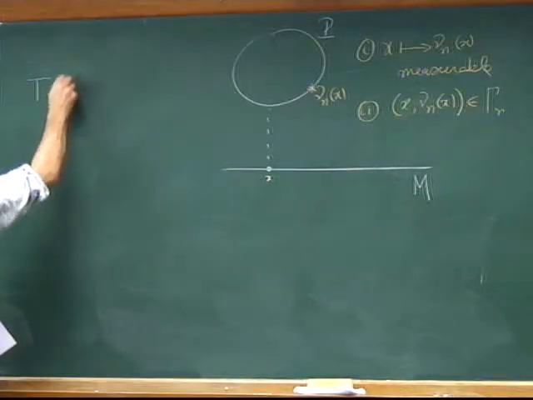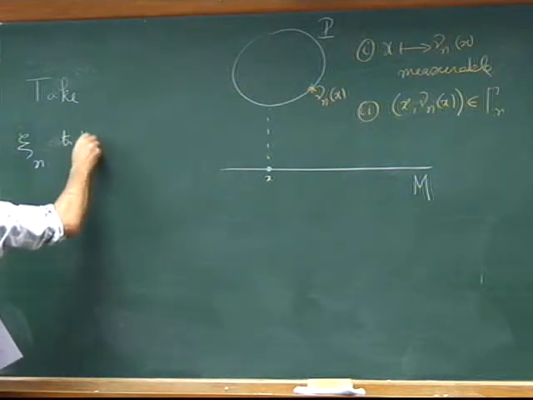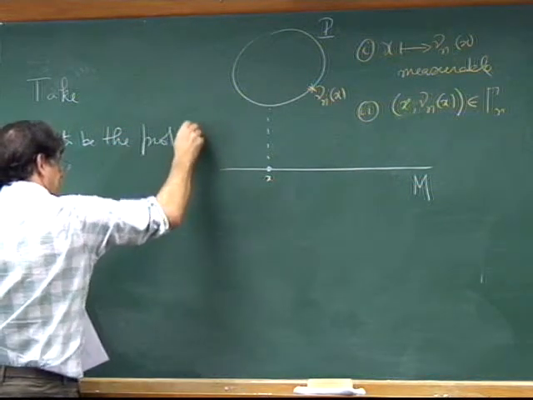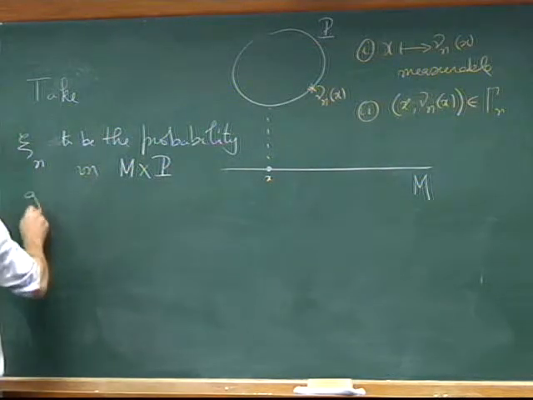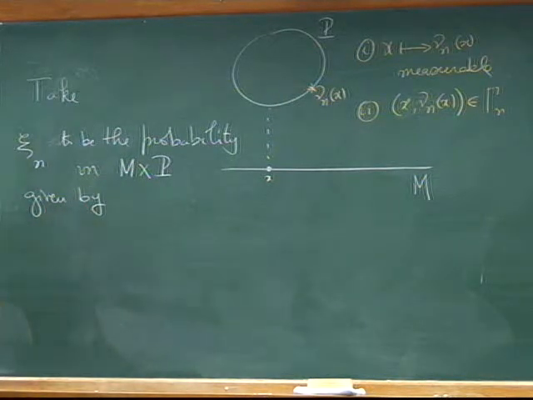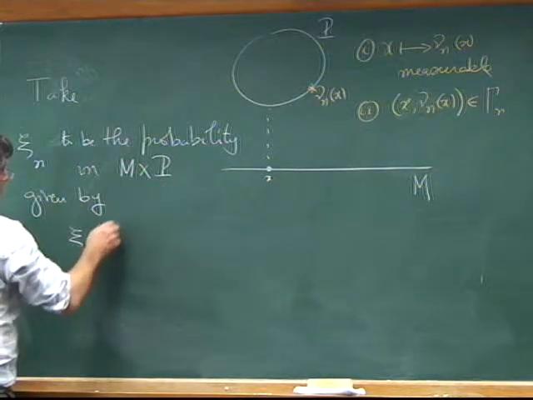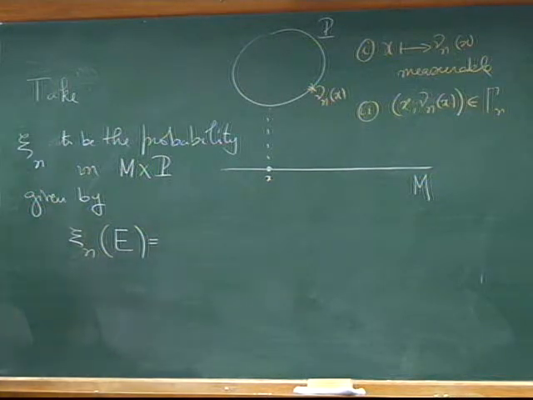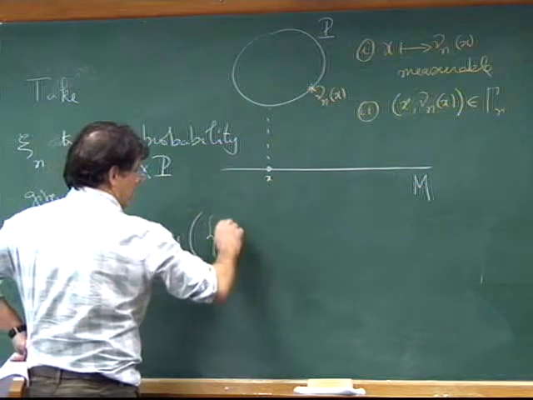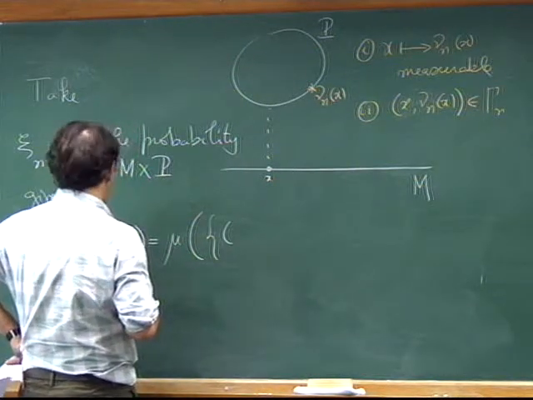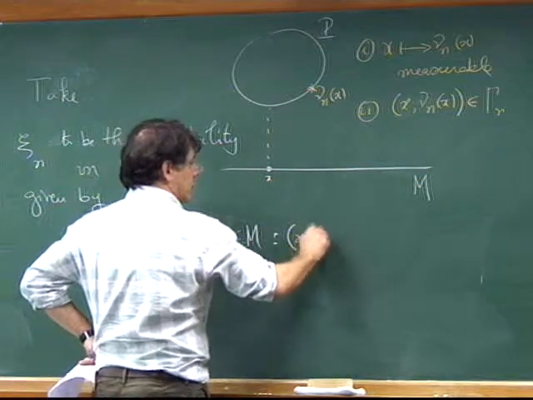So what I do is I take xi n to be the measure, the probability in the product space given by xi n of a set E is the measure of the set of points x such that x, nu n of x is in E.